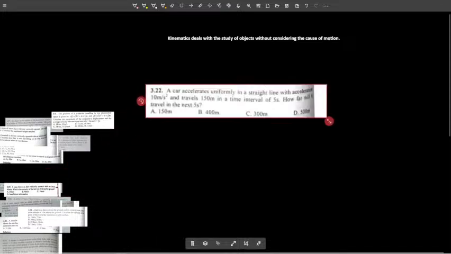Now, I know that all the questions I've been solving so far are from Adewale Physics. They are all from Adewale Physics. These are simple questions. A car accelerating uniformly in a straight line with acceleration of 10 meter per second square.